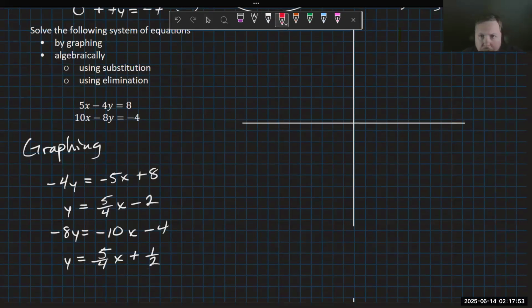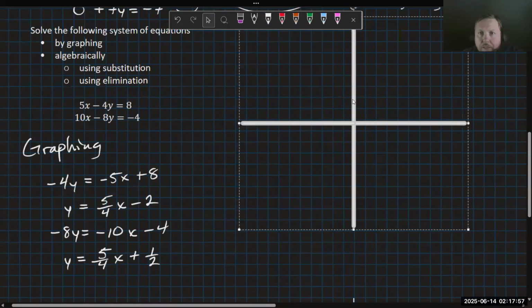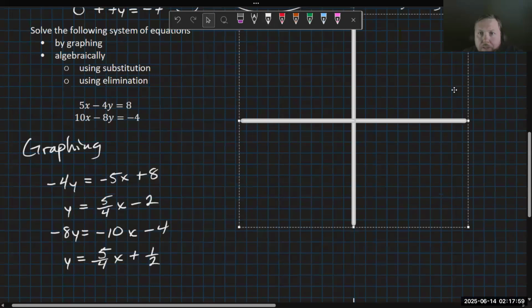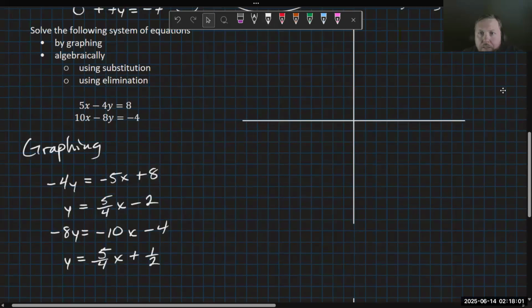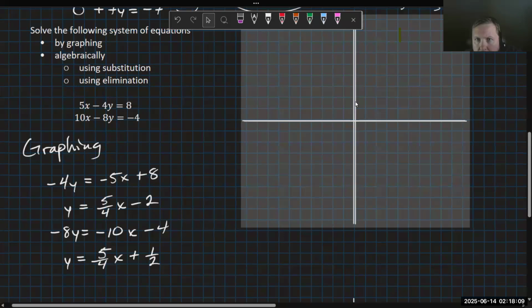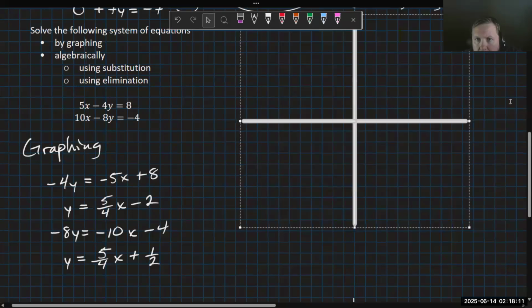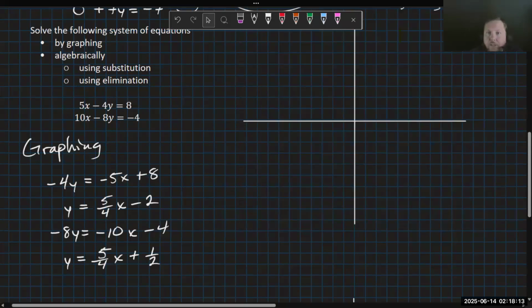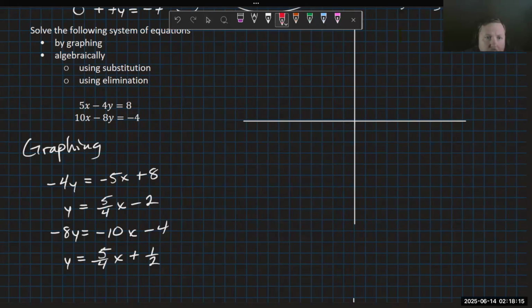So the first one, let's see if we can adjust that a little bit. All right, that's a bit better. Okay, so doing this one.